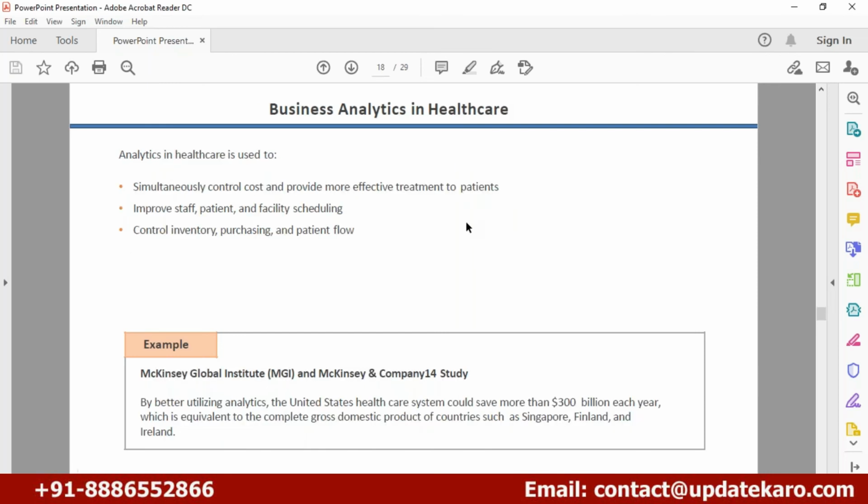Second one, business analytics in healthcare. In healthcare, how does it help? Can anybody tell me? In healthcare, this is very easy. There are medicines being supplied to the customers. Okay, not supplying. How is healthcare supplying the medicines? They use vehicles to supply to the customers.